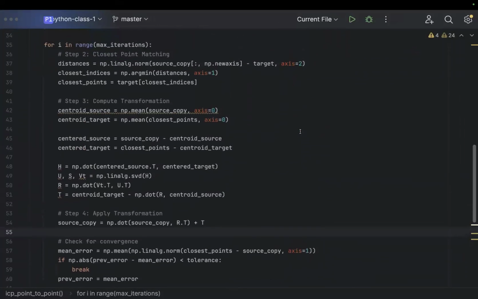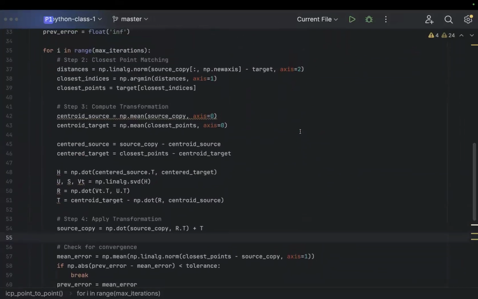I don't have to go over this. This is the same singular value decomposition we had before, right? We first match, this is new. We first match the points across from our target and a source copy.